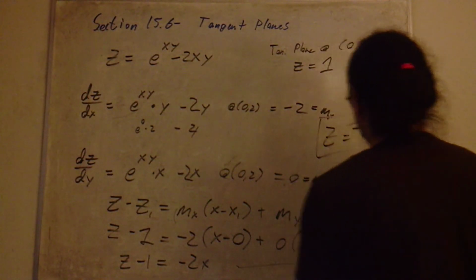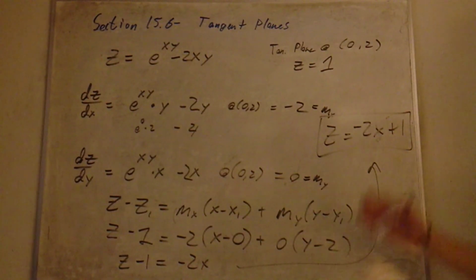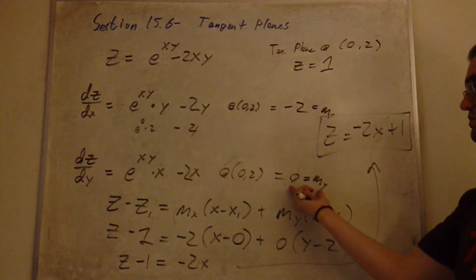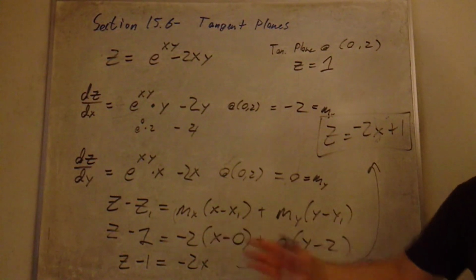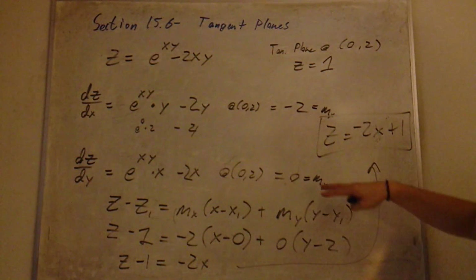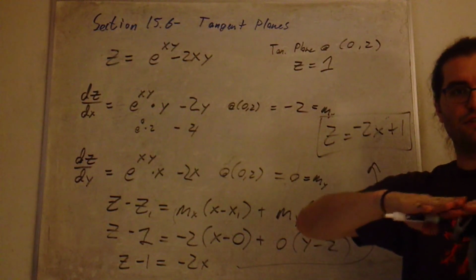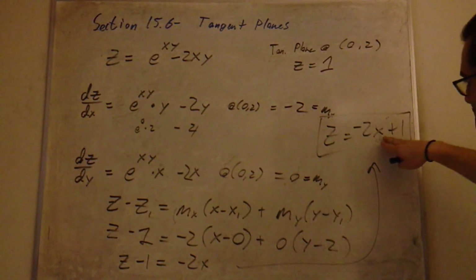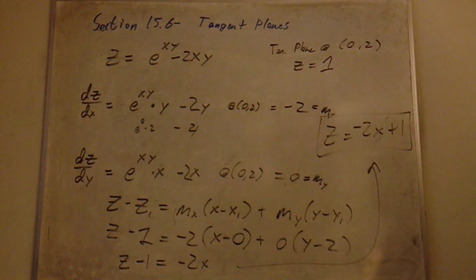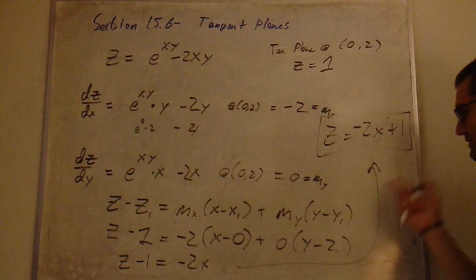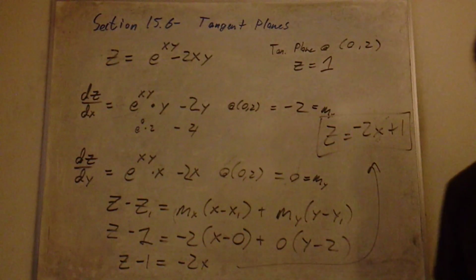That's my tangent plane. Doesn't involve y because there's no slope along the y-axis. So as you move up and down the y-axis, it's not increasing or decreasing, it's just flat. And that is represented in there being no y representation here. Y doesn't matter to this tangent plane.